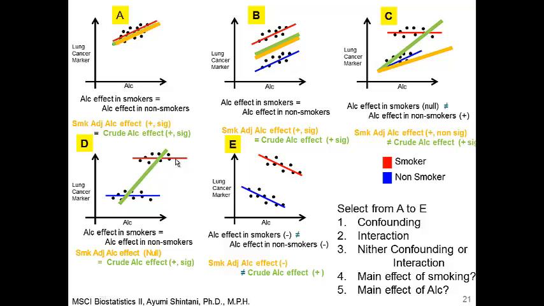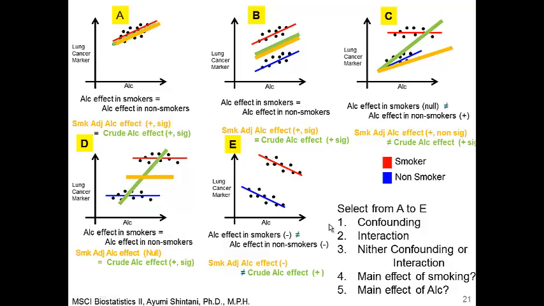And how about if you adjust for the effect of smoking, what happens? You take the average between these two slopes, so the adjusted slope would be flat. So since the green and orange slopes are different, we judge smoking is confounding the association between alcohol and lung cancer.